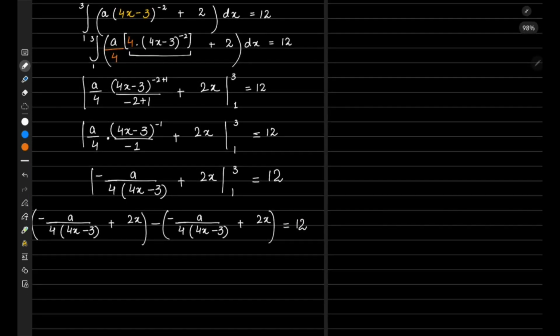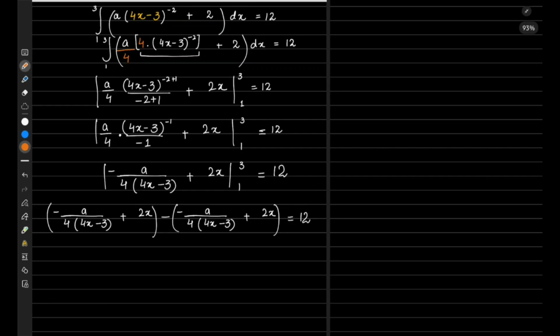So substituting 3 and 1. Here, 3 the upper limit first, second time the lower limit, that is 1: 4 times 1 plus 2 times 1.